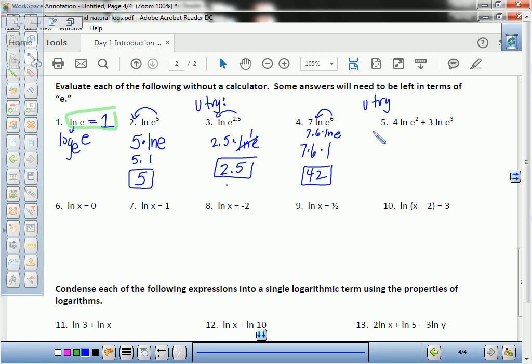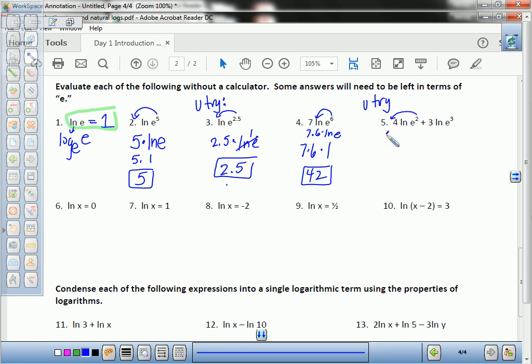It's 4 times 2 ln e. So it's just 8 times. So when we see ln, the base is e. Yep, whenever you see ln, you know the base is e. Okay.